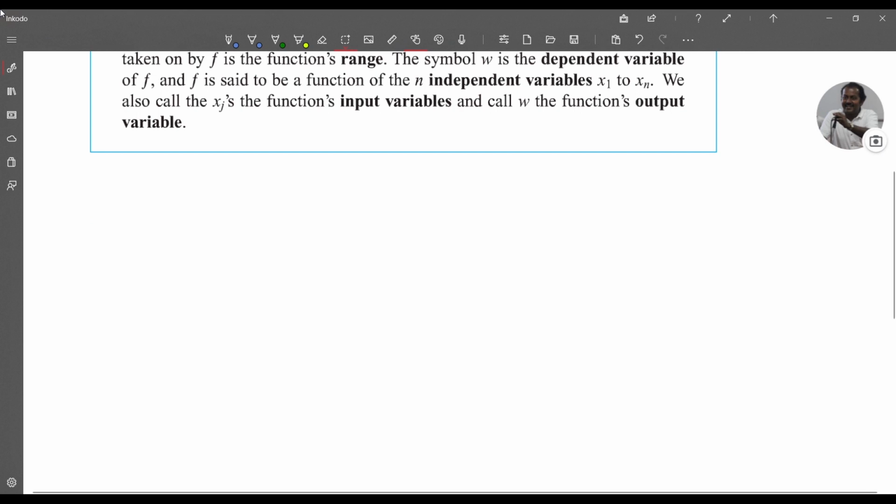Example 1: f defined from R3 to R. You know the space R3 is like this. This is R3, x-axis, y-axis, z-axis, 0.